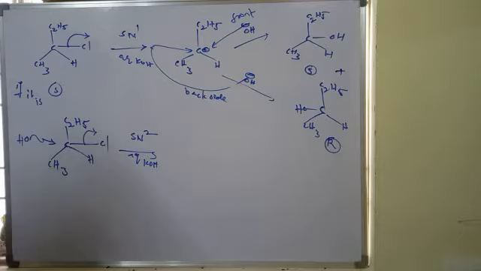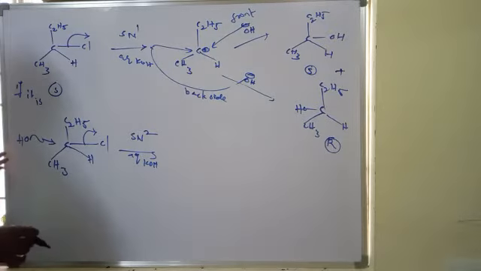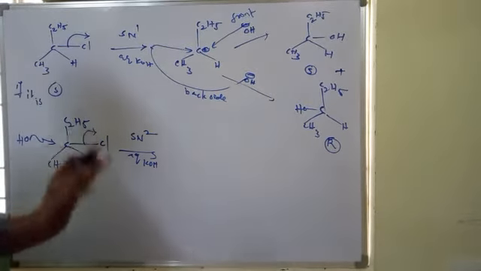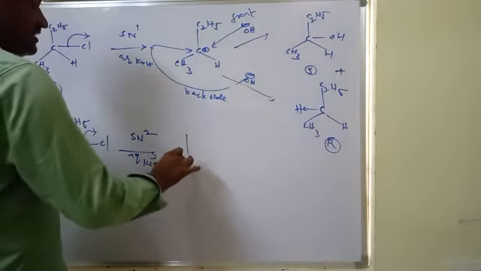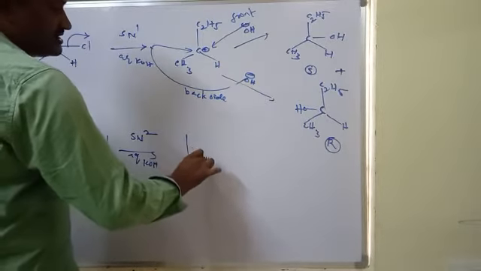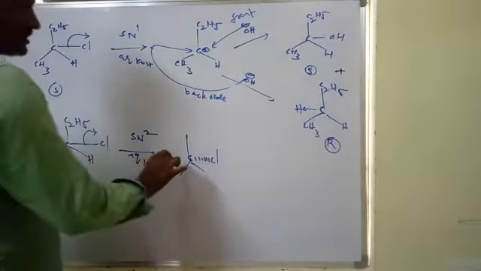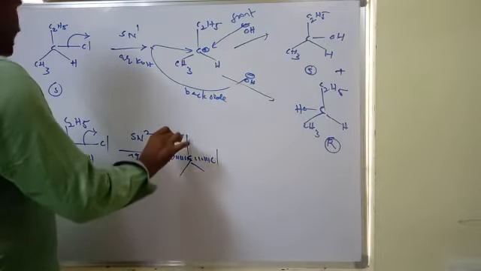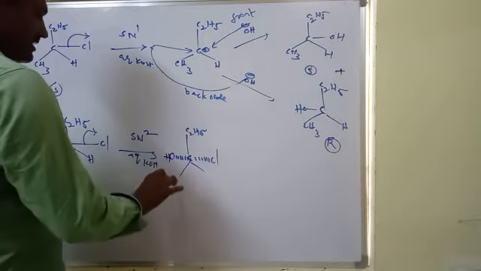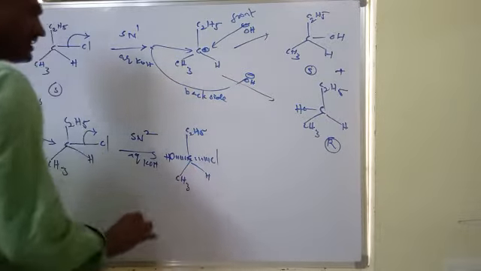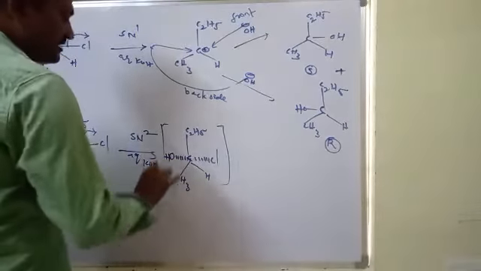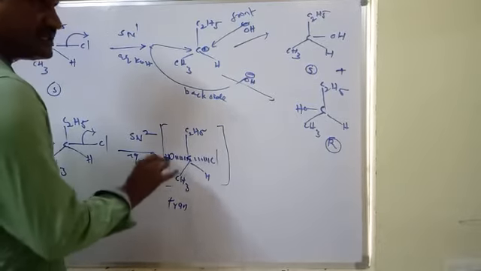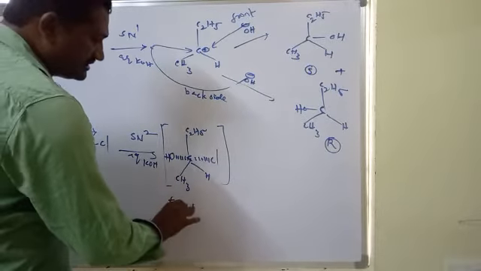Nucleophile attacking and leaving group eliminating both take place simultaneously. So that's why an imaginary transition state is formed. There is no proof for identification of this. So OH, C2H5, CH3 and H: this is the imaginary transition state, a five-membered trigonal bipyramidal sp3d transition state.